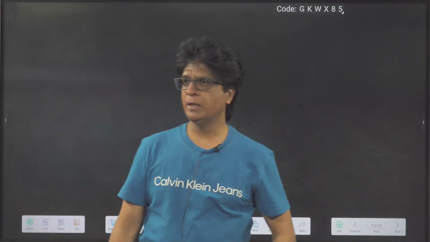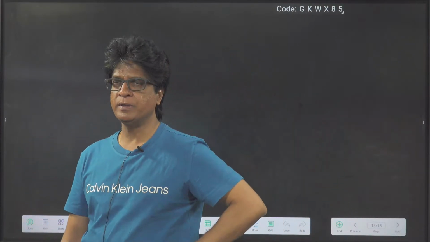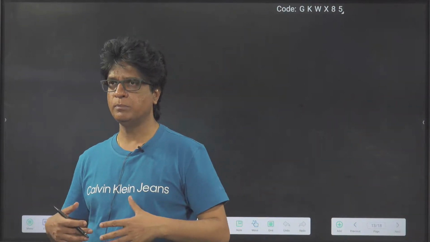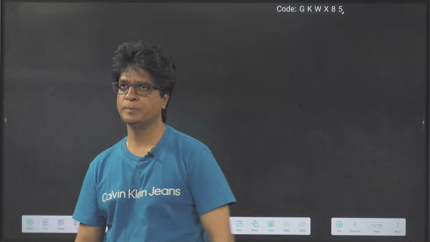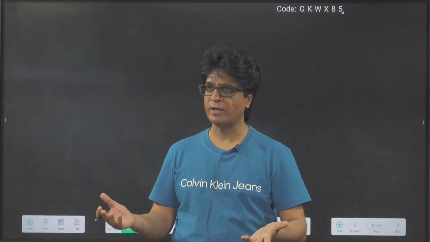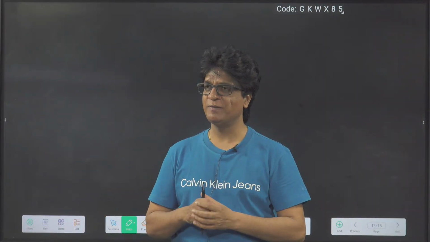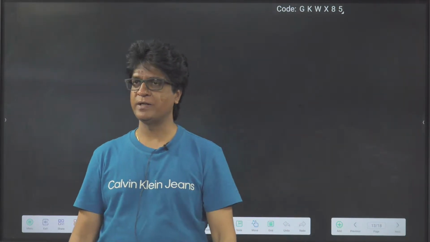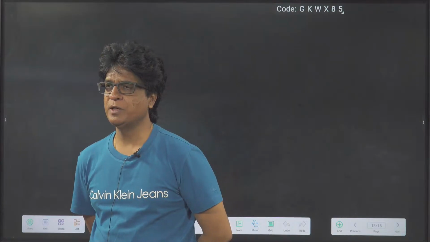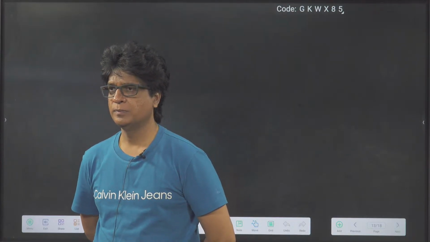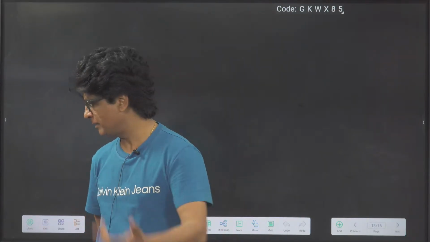Just before moving forward, if you have given this 25 paper, which part of physical chemistry did you think was more difficult to handle? The thermodynamics, there was no question of ionic, surprisingly, right? But that doesn't mean that they will not give you ionic next time. I have a hunch that maybe next time ionic might have some weightage. Just asking your opinion.